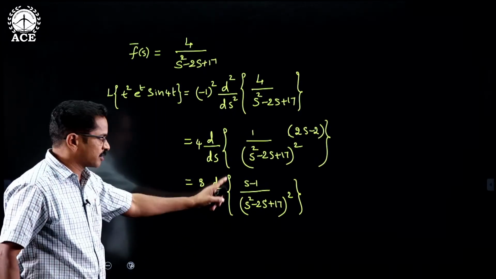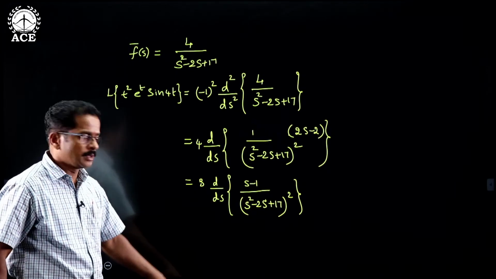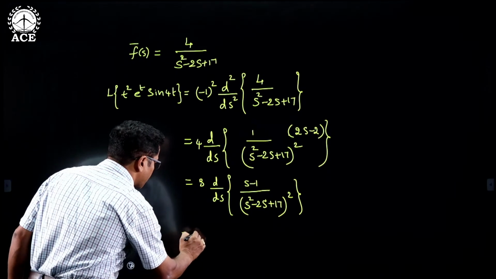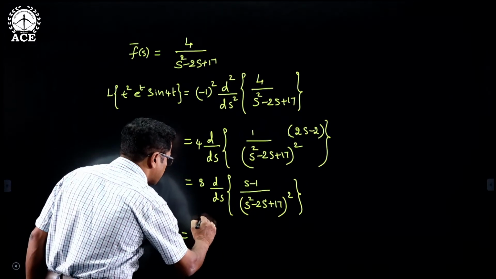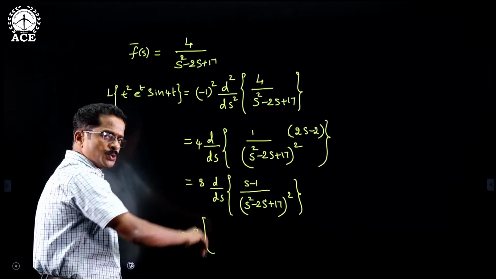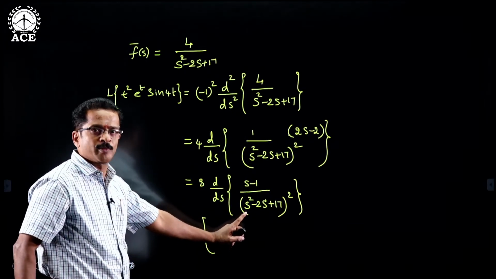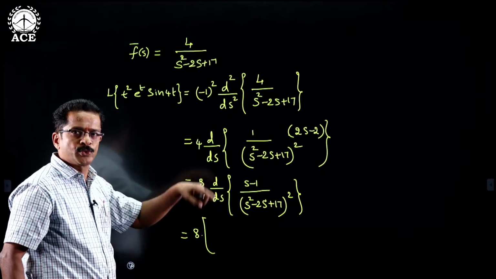Now I apply differentiation using the quotient rule, that is the u by v rule. So it is equal to 8 into v into du minus u into dv by v square, where the numerator is u and the denominator is v.